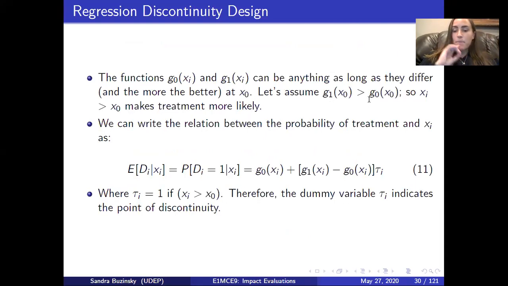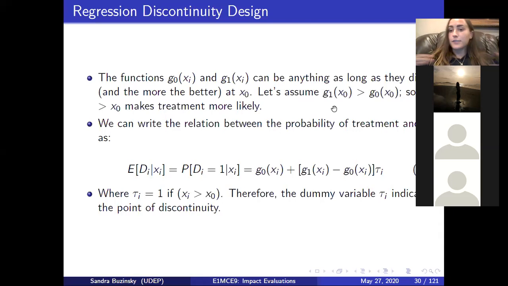Then that means that if x_i is greater than x_0, you're more likely to be treated. So this would be the case of the test score. For example, if you score above 80, you'll receive the scholarship. So that would be the above the cutoff, you're treated side.